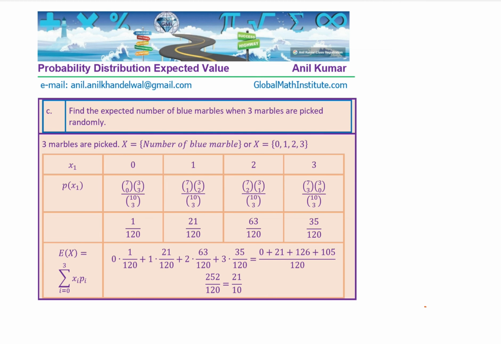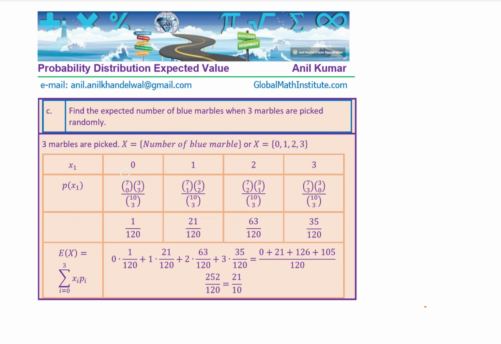Here is the solution as we discussed. Now I hope it is absolutely clear to you. What we are doing is picking 3 marbles, and the number of blue marbles could be 0, 1, 2 or 3. For each we have found the probability distribution, which is 1 over 120, 21 over 120, 63 over 120 and 35 over 120.